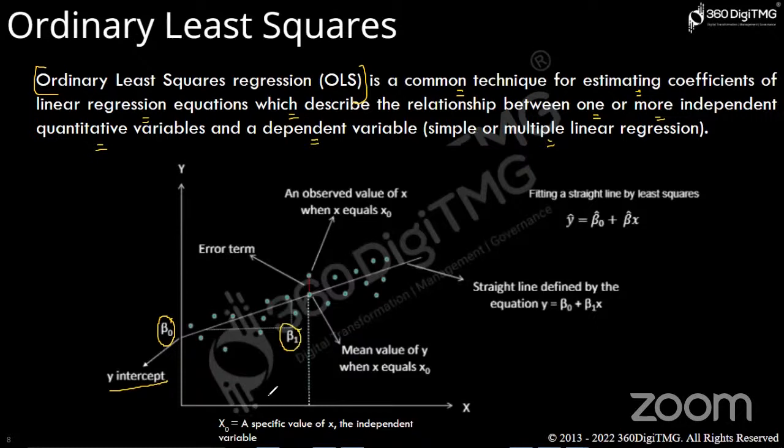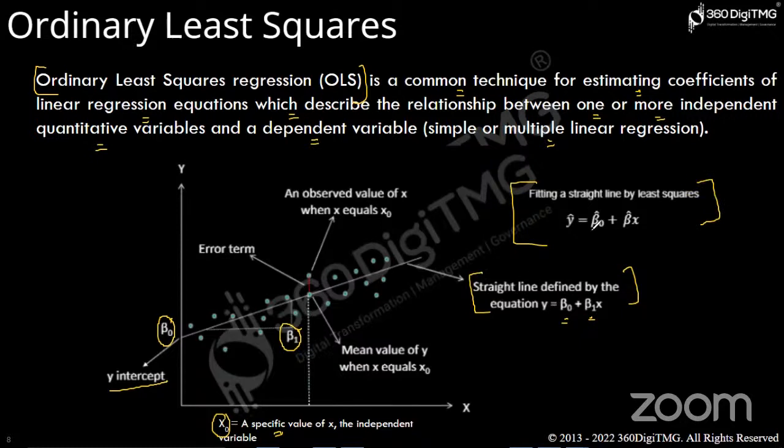And x naught is a specific value of x, the independent variable. The straight line equation that we know is y is equal to beta naught plus beta 1x. And in fitting a straight line by least squares, what happens here? We are going to take the difference here.